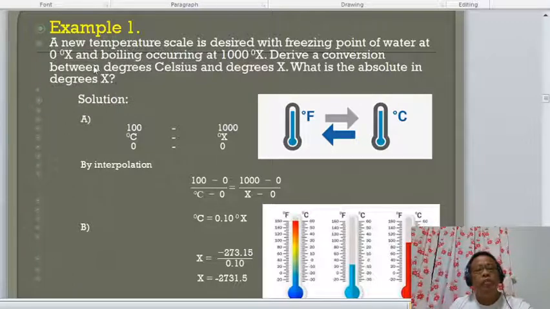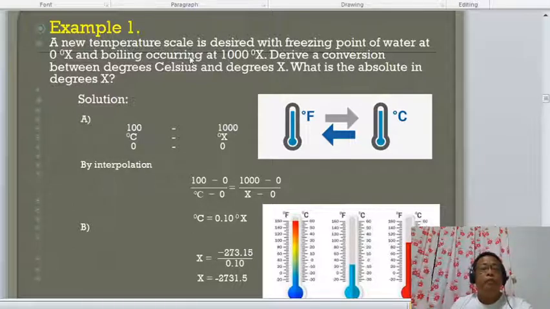And in this new scale, the boiling point is 1000 and the freezing point is also 0. Okay, so by interpolation again, we arrive at a relation of degree Celsius is equal to 0.1 degree X. Okay, so this is the relation derived.